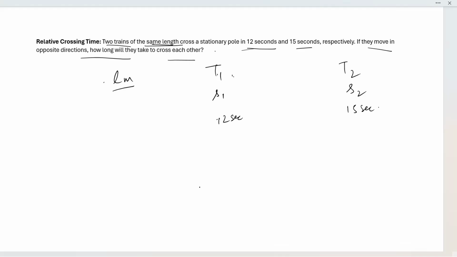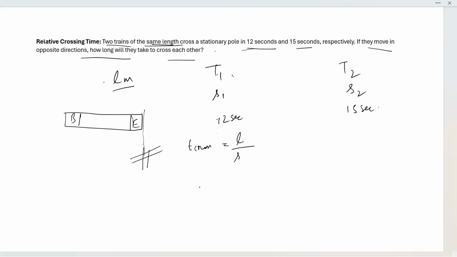Now for this train to cross the pole, I will again draw it. So for the time of crossing, T cross, for both the cases when the stationary pole is there, the time for crossing is given by the length of the train divided by the speed of the train.